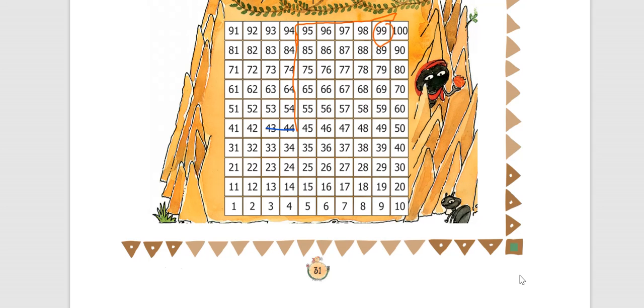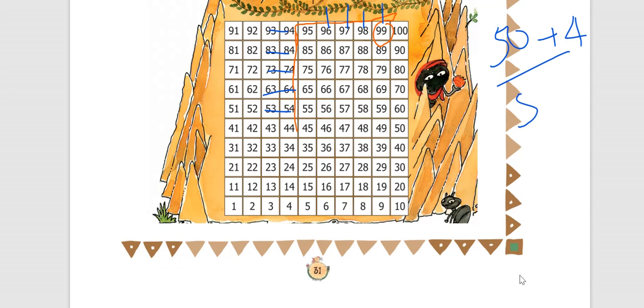Here is 1 ten, 2 tens, 3 tens, 4 tens, and 5 tens. 5 tens is 50. You are at 95. Now, we have to move to 99. 1 one, 2 ones, 3 ones, and 4 ones. That is, add a 4.